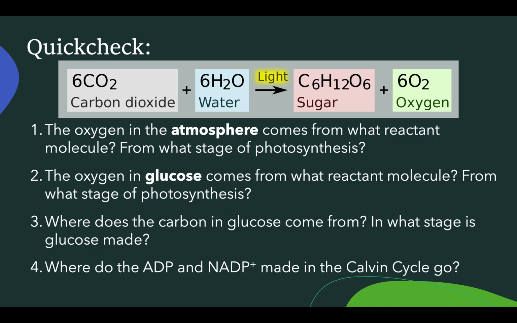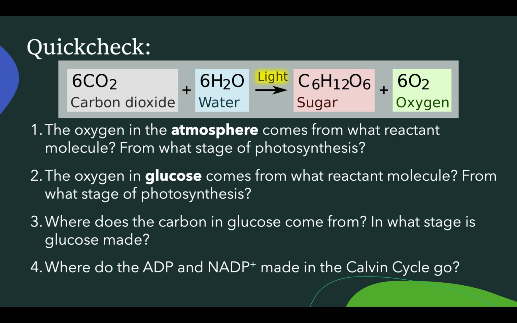Okay, then number 2, the oxygen in glucose. Where does it come from? Yep, that comes from carbon dioxide, and that is from the Calvin cycle. Where does the carbon in glucose come from? Again, carbon dioxide in the Calvin cycle. And then this one is more just a connection between the two phases. We have used up a bunch of ATP and NADPH.